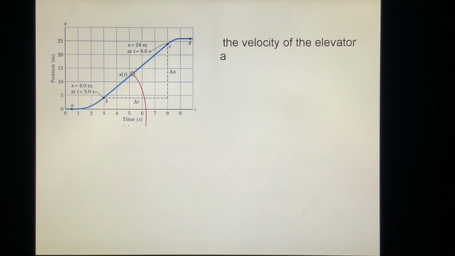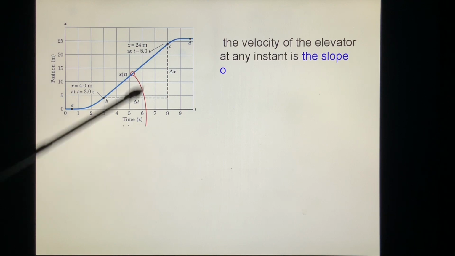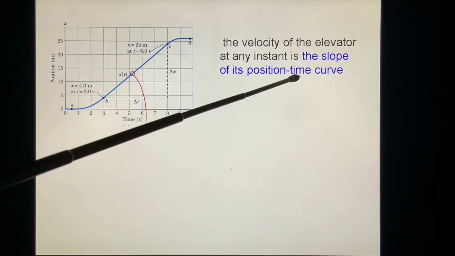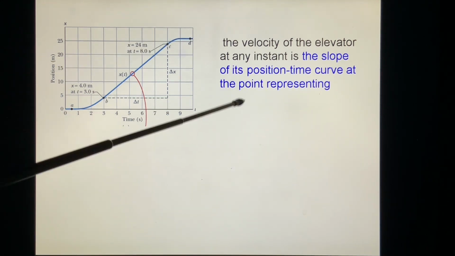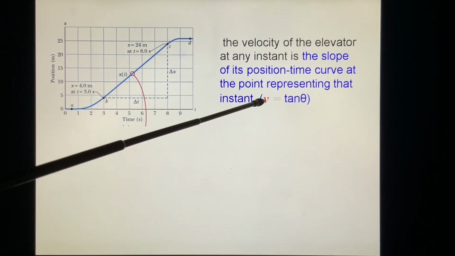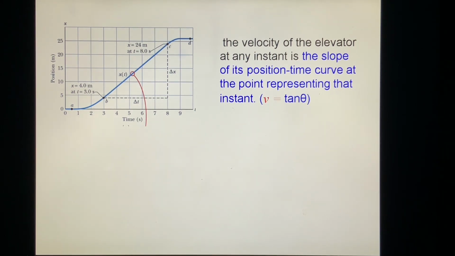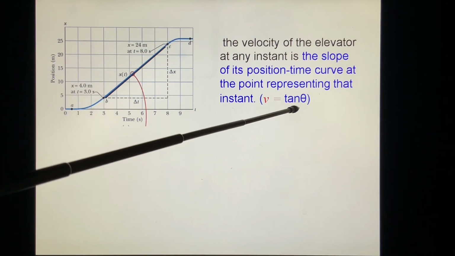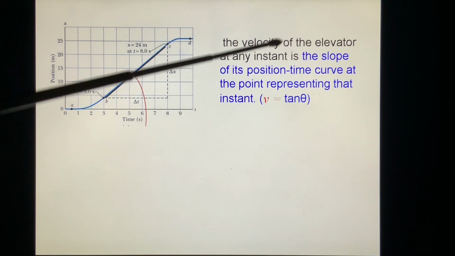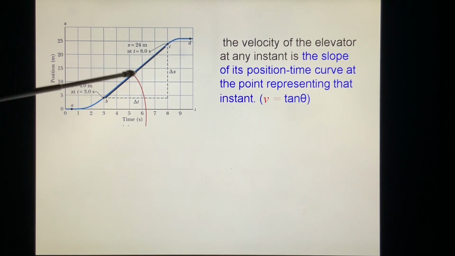The velocity of the elevator at any instant is the slope of its position-time curve at the point representing that instant. So v is equal to tan theta, as we have learned before. For example, at 5 seconds, you draw a tangent to this curve, and you get tan theta. That's the slope, the instantaneous velocity at this instant.